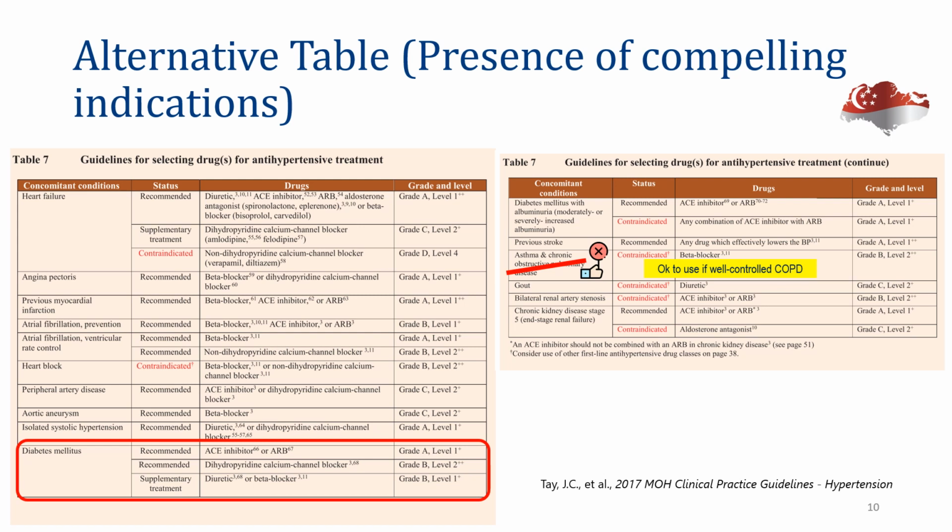However, in reactive airways disease like asthma, because they are sometimes very reactive and not well controlled, then beta blockers are certainly contraindicated. And so be careful about the use of beta blockers in people with that background.